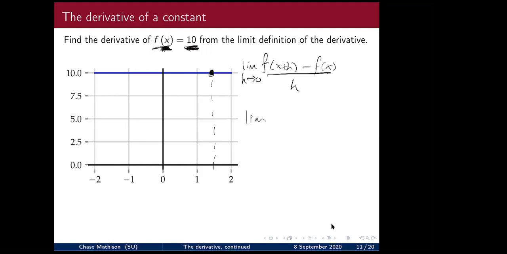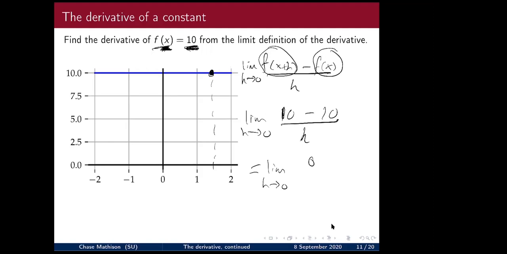So this is the limit as h approaches 0 of 10 minus 10, which is just 0, over h. And 0 divided by h is still 0.